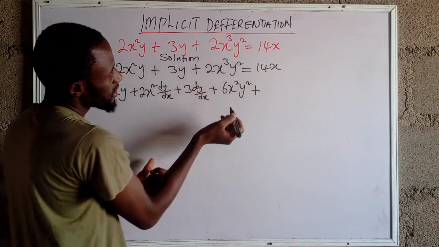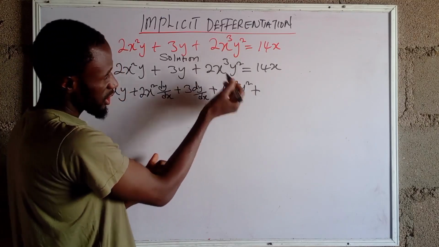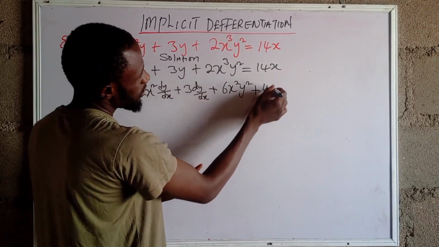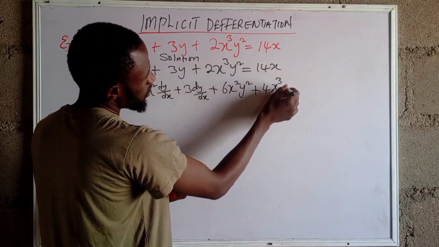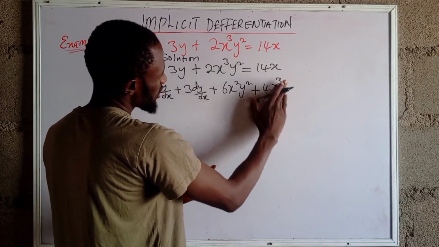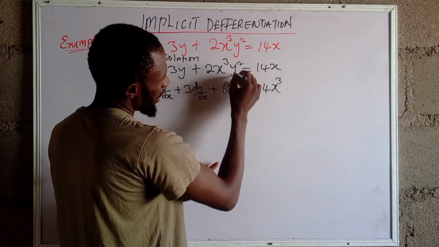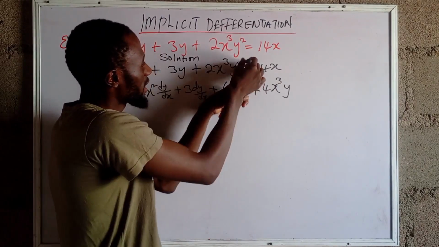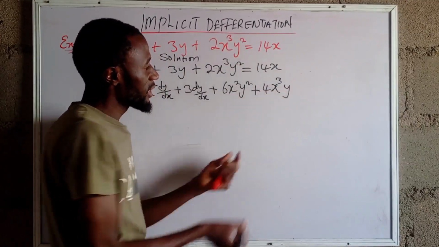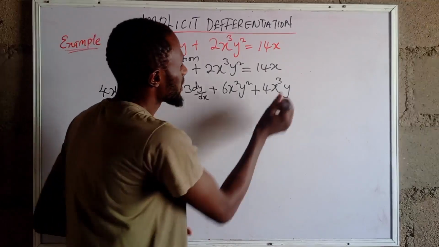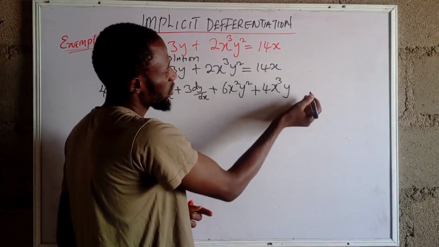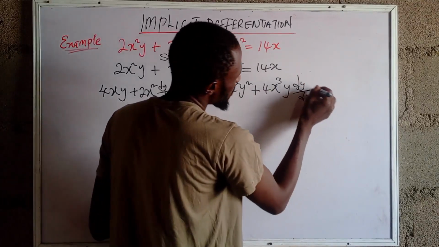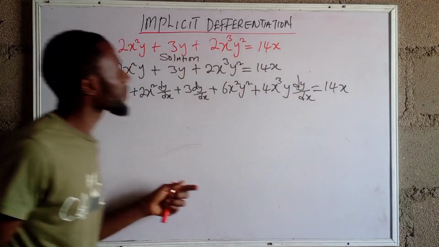Since you differentiate with respect to x, for the y you are going to multiply 2 with 2, therefore you are going to have 4x cubed y. Because if you differentiate y squared, the power 2 reduces by 1, and you have only y raised to power 1. Therefore, you multiply this with dy over dx, and this equals 14x.